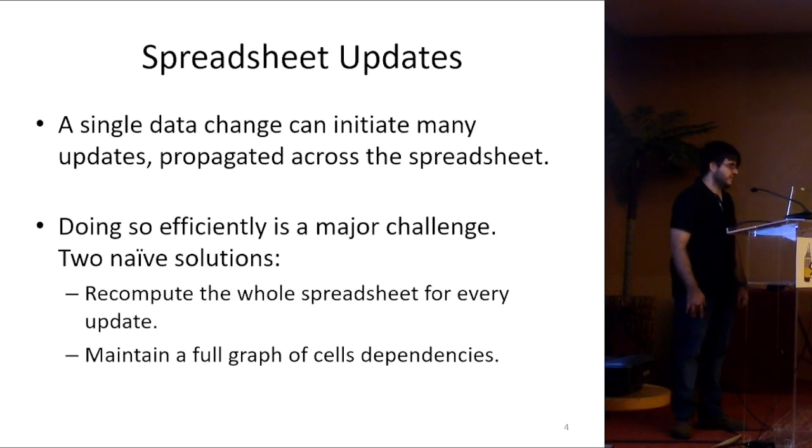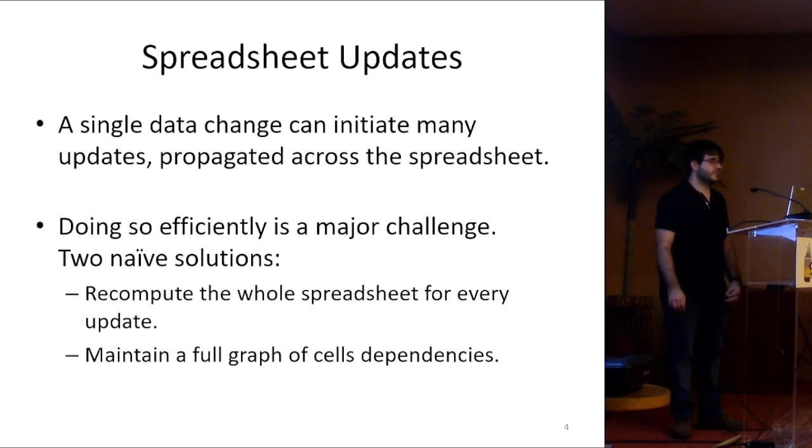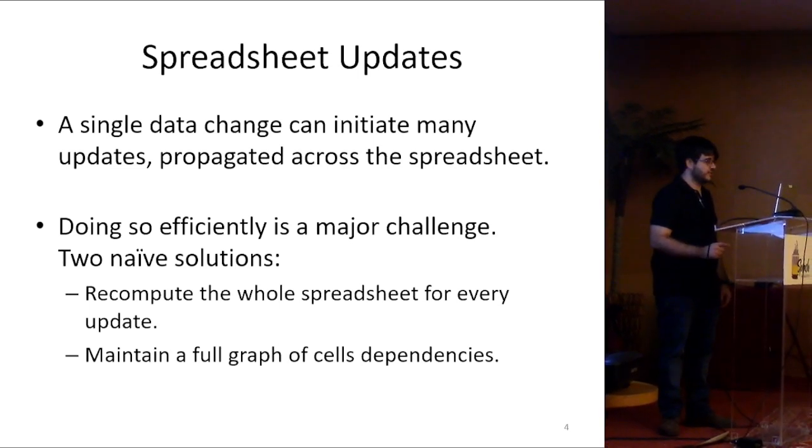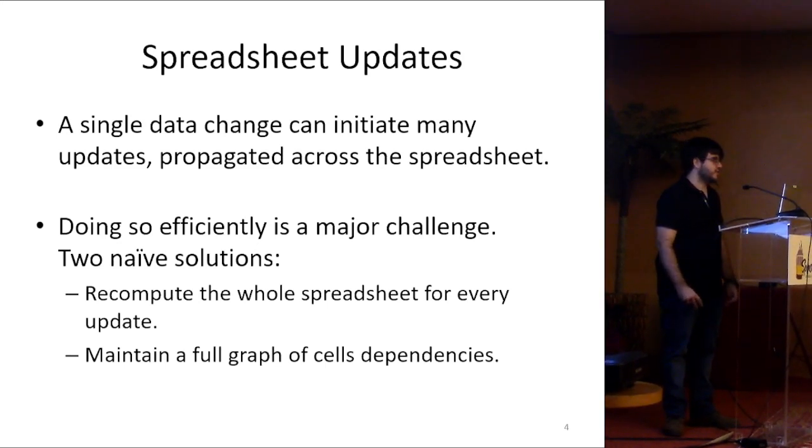One is to recompute the whole spreadsheet every time, but that will obviously take a huge amount of time for big spreadsheets. Another is to make a graph of all the cells, and for each two cells keep an edge if they depend on each other. But that graph would be huge, and it is very hard to maintain.